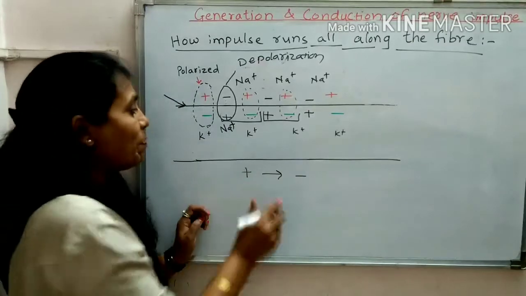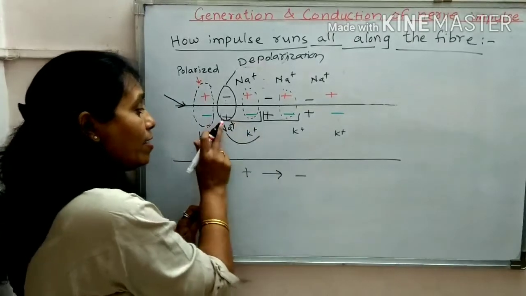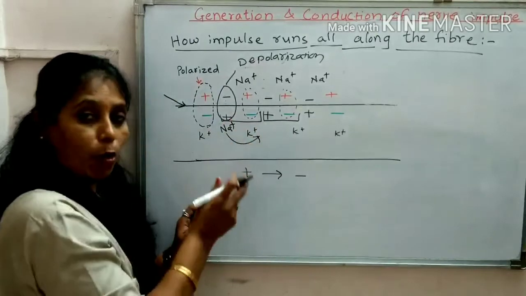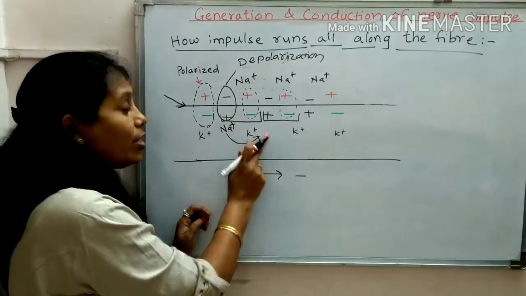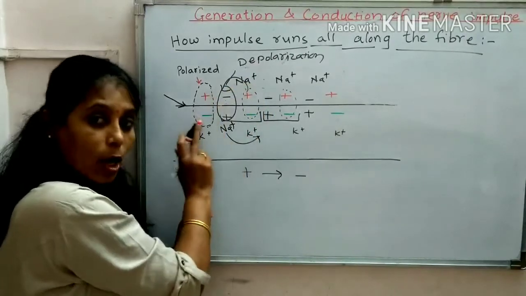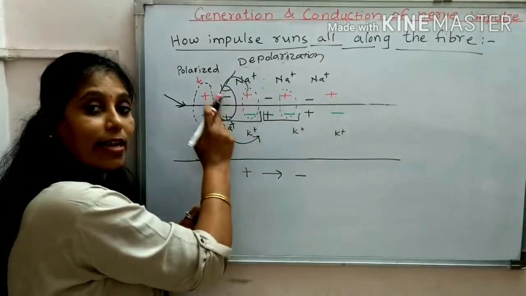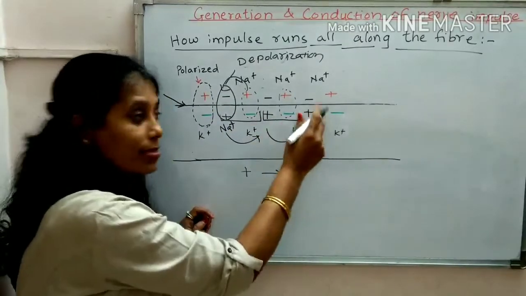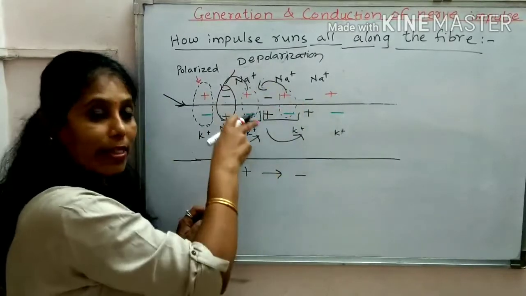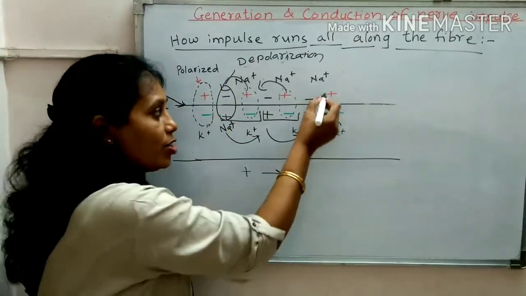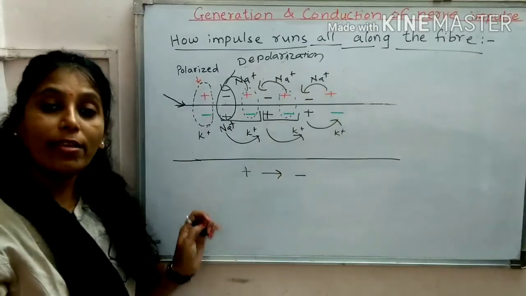Here there is positive charge and here negative charge, so current can flow from this to this direction as well as from this to this direction, because here positive charge is there, here negative charge is there. Again current can flow in this direction, and in this direction also.